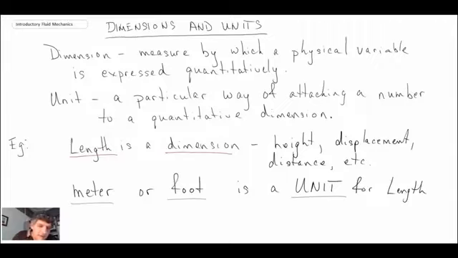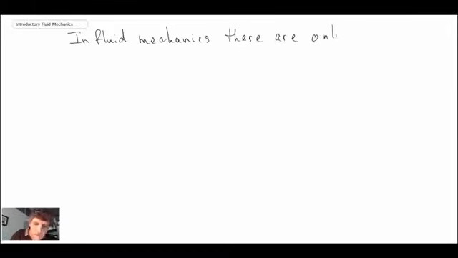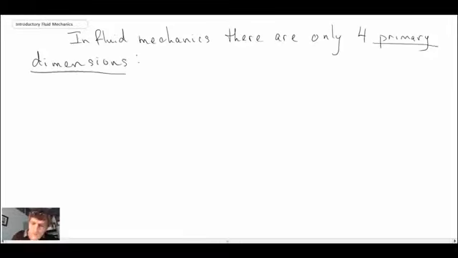So in fluid mechanics, why is this important? Well, in fluid mechanics, we have what are called four primary dimensions that we'll be using when we do dimensional analysis later in the course. So the primary dimensions that we're going to be using in fluid mechanics, one of them will be capital M. And with the primary dimensions, I'm going to put them in curly brackets like that.